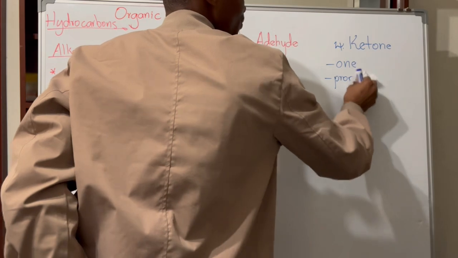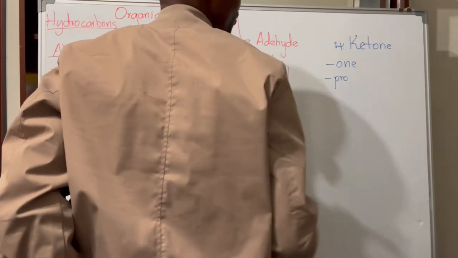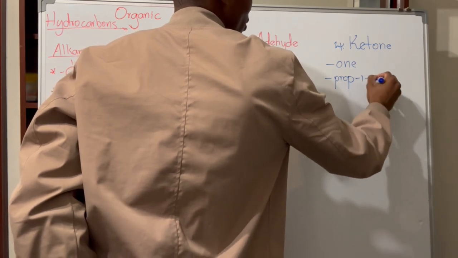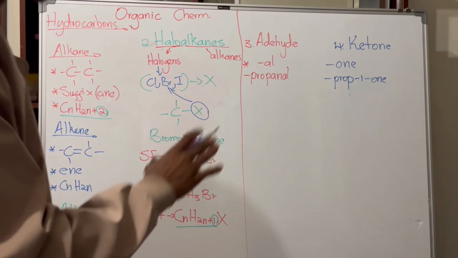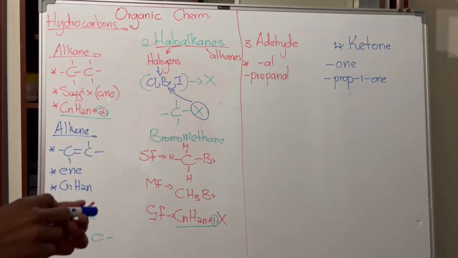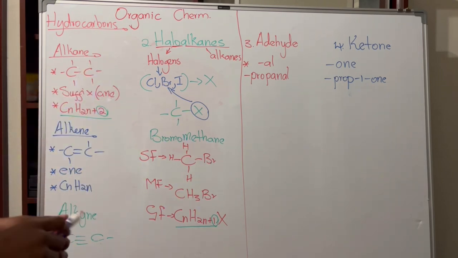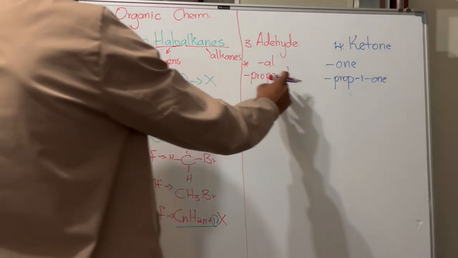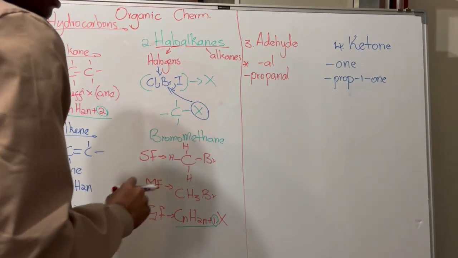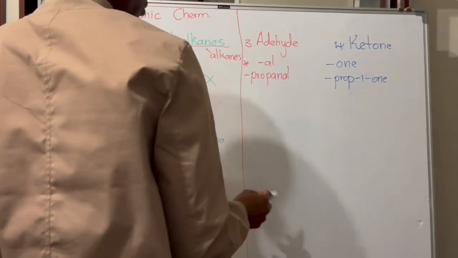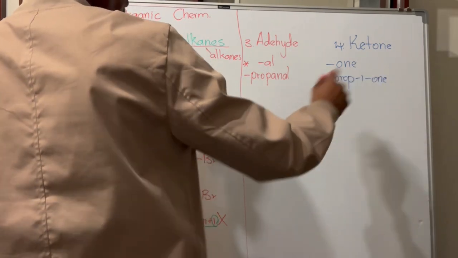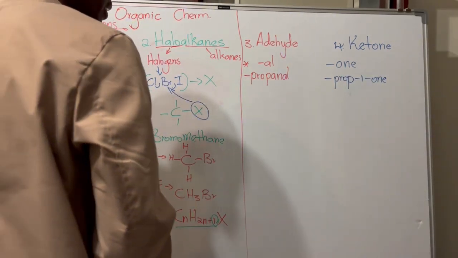I made a mistake there. It will be propanone. This is just an example, but you're going to understand all this naming, the ones and those, when we dive deeper into naming of these compounds. So here we have propanal, here we have propanone.